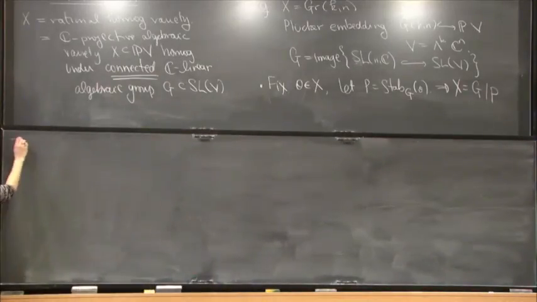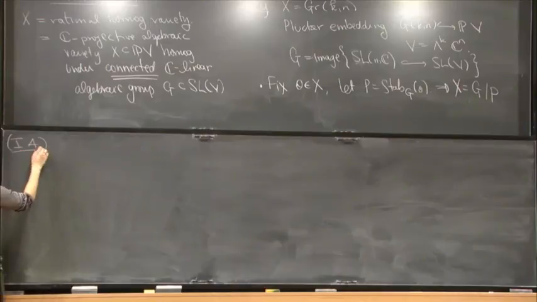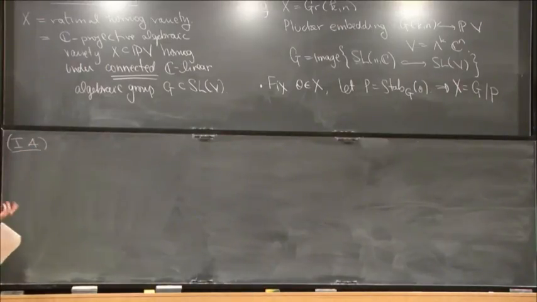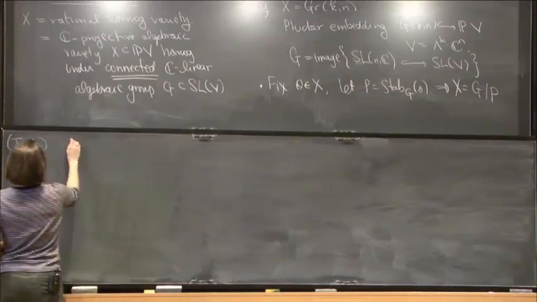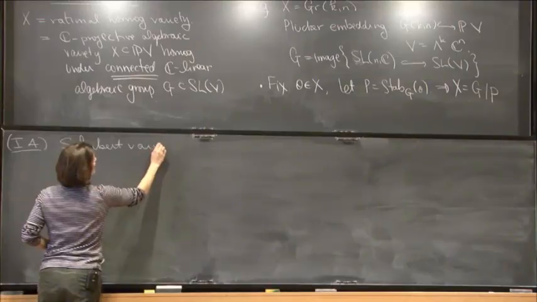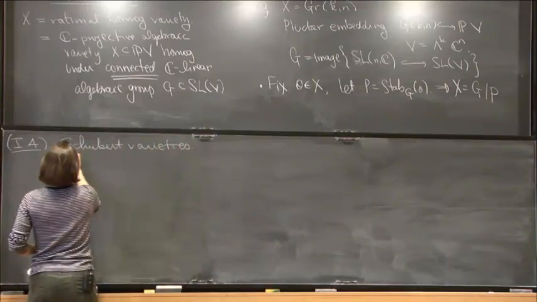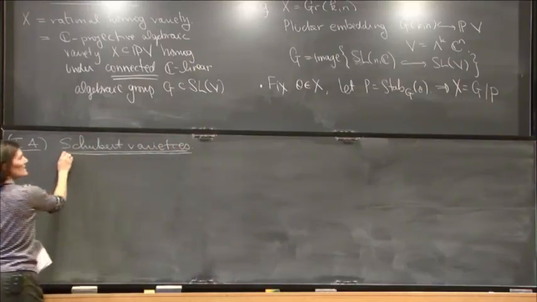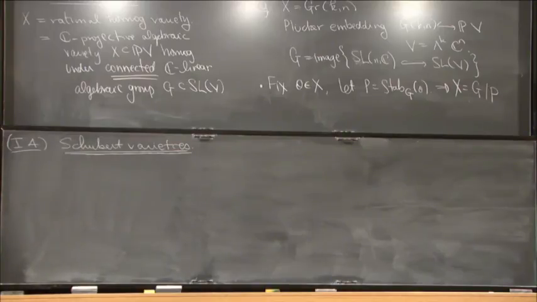All right, now sitting inside any one of these rational homogeneous varieties are a distinguished class of subvarieties. These are the Schubert varieties. If you haven't thought about these in a while, I'm not going to remind you of the proper definition. I'm just going to tell you why they're important and give you some examples to hold in your hand for the talk.